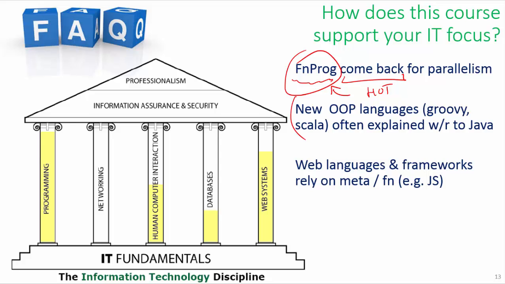Another thing that makes this course relevant is that we are going to focus on Java and those advanced techniques. Every time you hear about a new language like Groovy, Scala, or Clojure, which emerged not so long ago, some of them become really popular really fast, and some are completely forgotten in a matter of years. All those new modern OOP languages easily rely on techniques like metaprogramming, functional programming and generic programming.